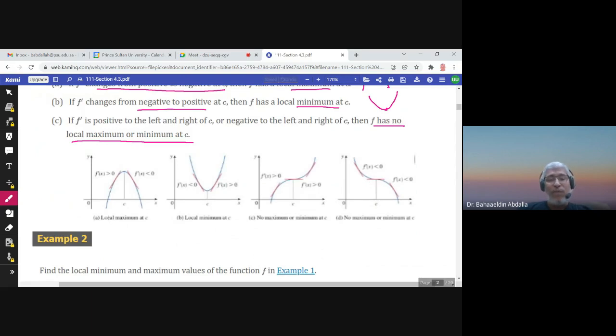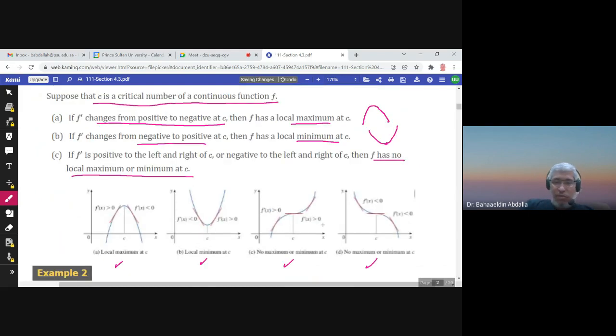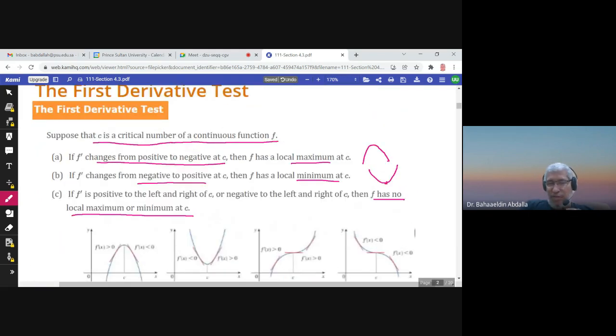So here, f prime positive, f prime negative, we have a local maximum. f prime negative, f prime positive, we have a local minimum. f prime positive, f prime positive, to the left and to the right, no maximum, no minimum. Here also the same. So this is what we mean by the first derivative test. It's a test to determine whether the critical numbers are local maximum, local minimum, or nothing.